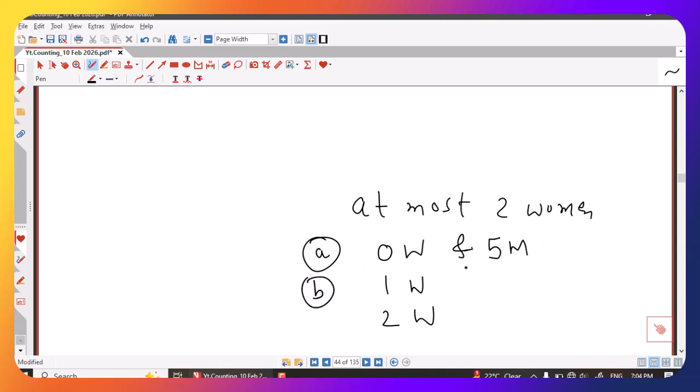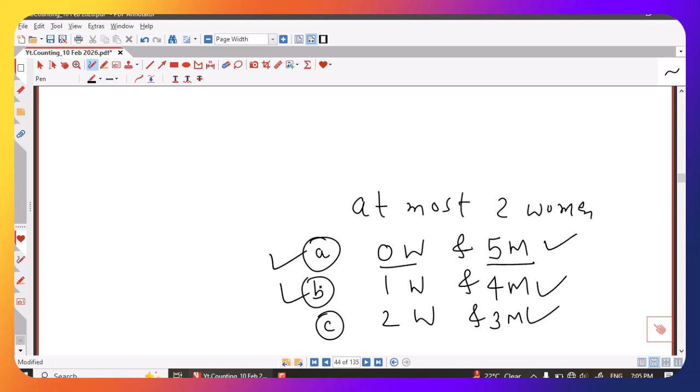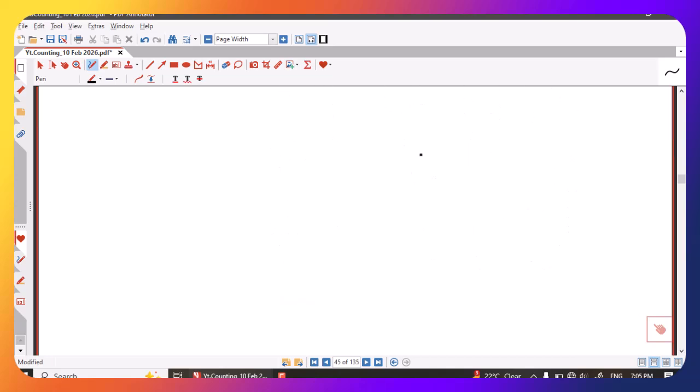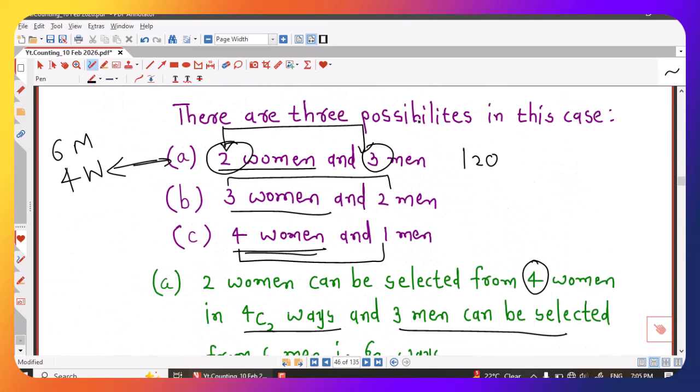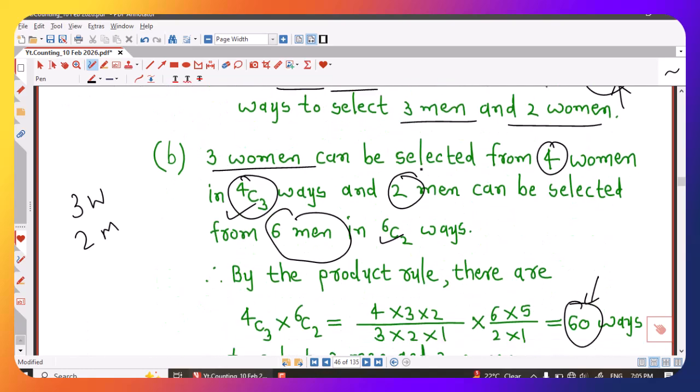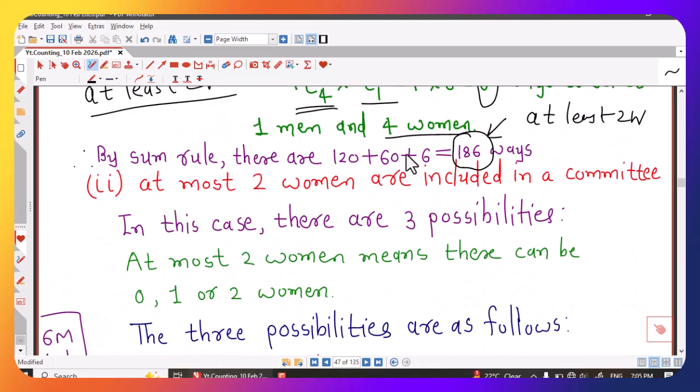If I select 1 woman, I have to select 4 men. And if I select 2 women, I have to consider 3 men. And then similarly we will find the number of ways of doing all this by the product rule, and then we will add the corresponding ways. So this is similar to the first part, but here we have at most 2 women.